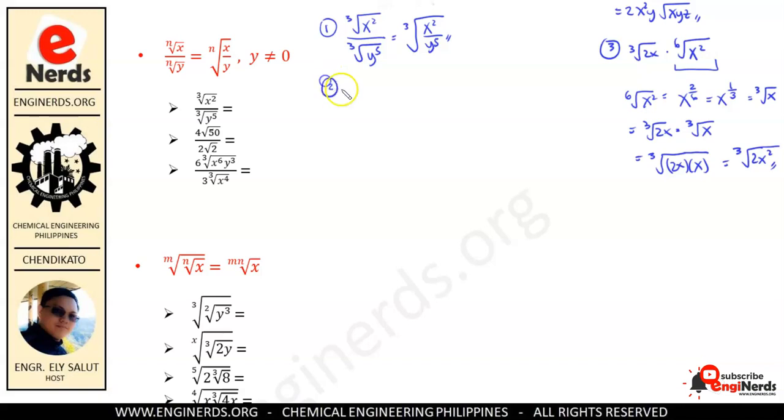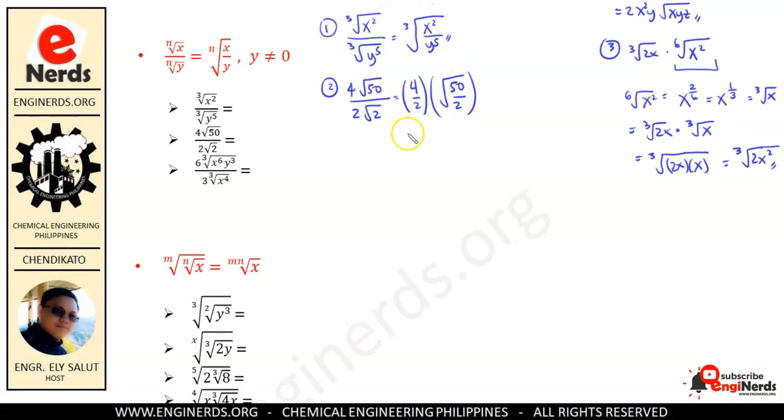Number 2, 4 times the square root of 50 over 2 square root of 2. Now we have here same root, no? We have square root and square root sa denominator. This actually can be written this way. 4 over 2. Okay, hiniwalay natin tong ating coefficients here. Times the square root of 50 over 2.